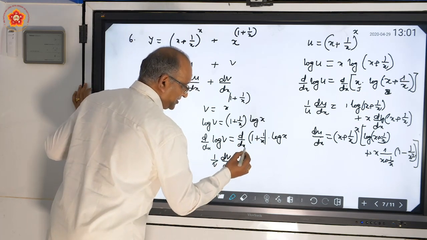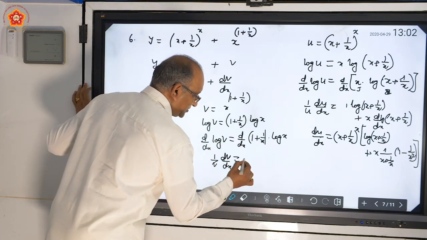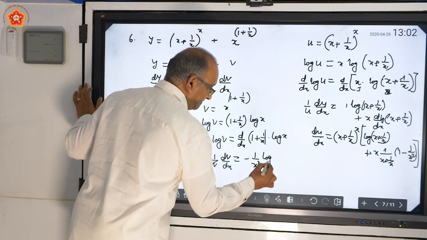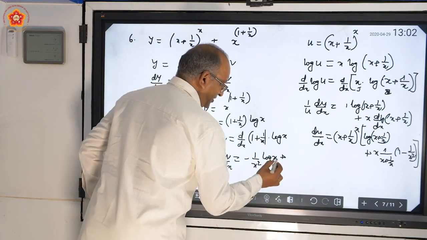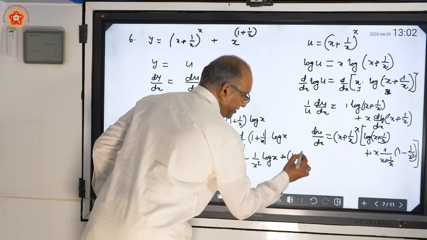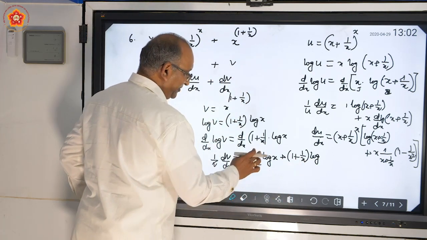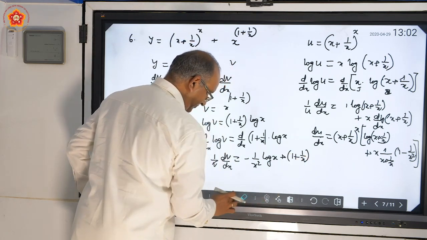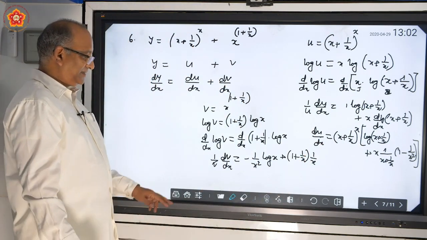So the derivative of the first function: derivative of 1 is 0, derivative of 1 by x is minus 1 by x square, into log x, plus the first function (1 plus 1 by x) into the derivative of log x, which is 1 by x. This is the value of this.